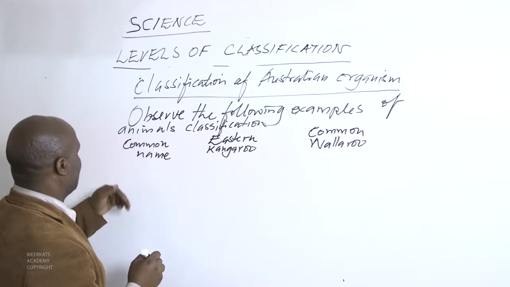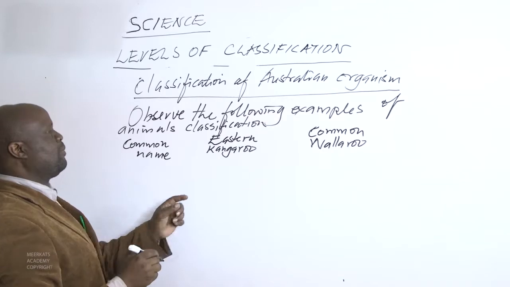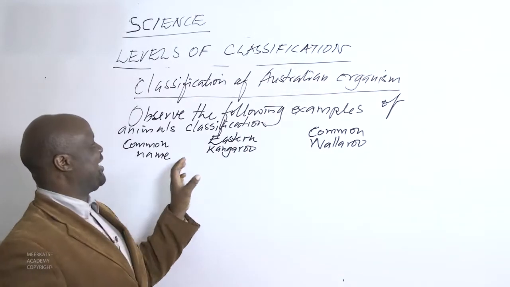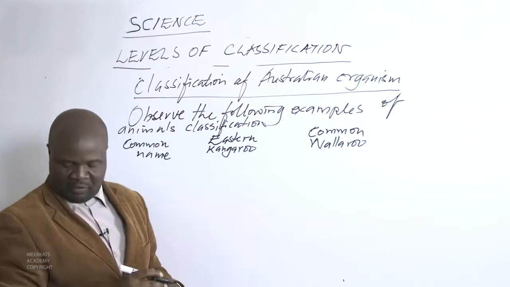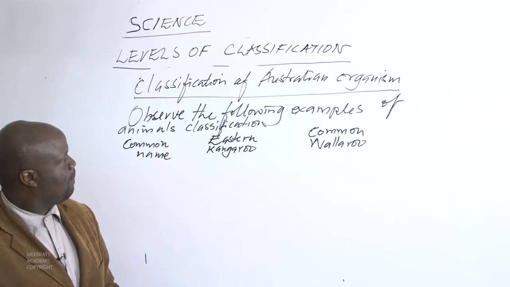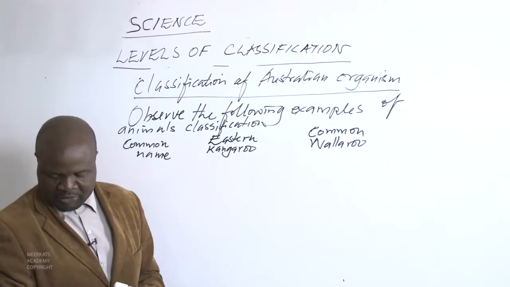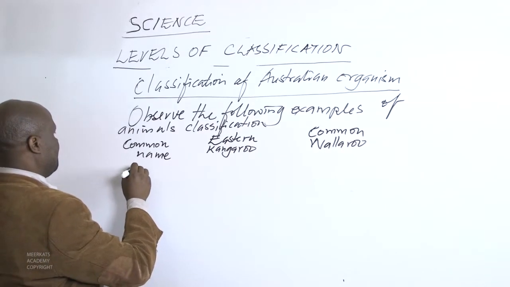Then from the common names, the common name is the kangaroo. We have the common name eastern kangaroo, and the common name of the wallaroo. All these are types of kangaroos, but we want to see their kingdoms, phylum and so forth. So we can have the kingdom here.